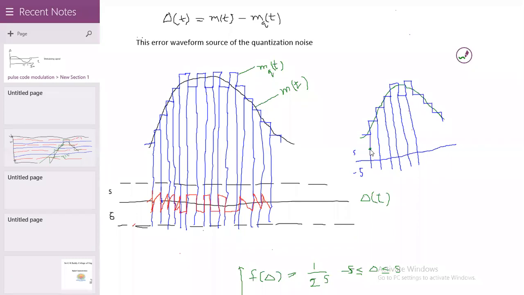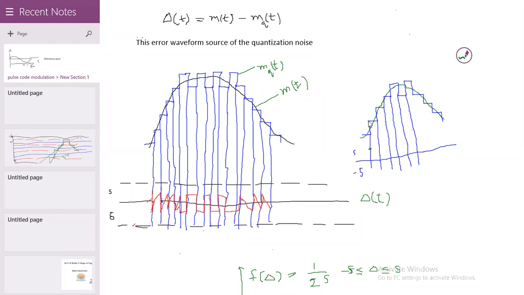Okay. Then, so here we can observe that at this one, let us assume m of t is greater than this mq of t. That's why here the error is positive. And then at the same time here the step signal is increased to above here.